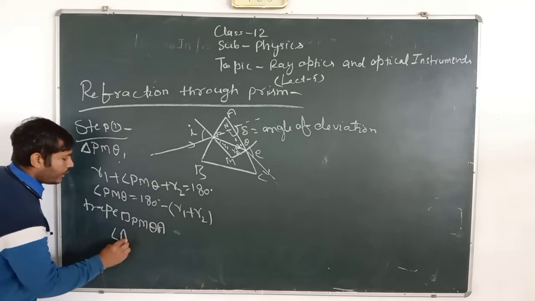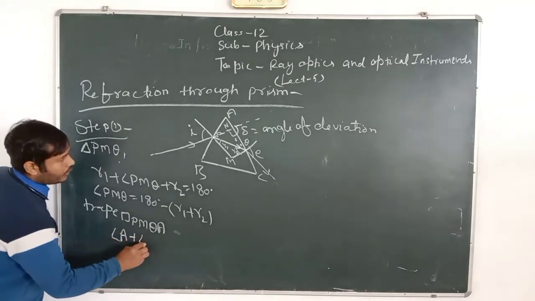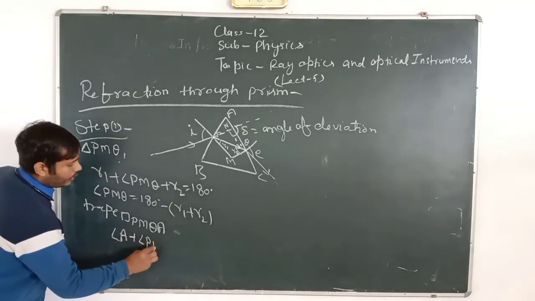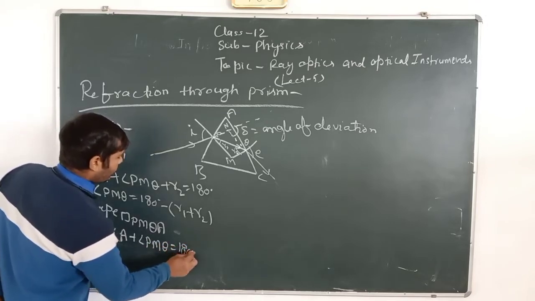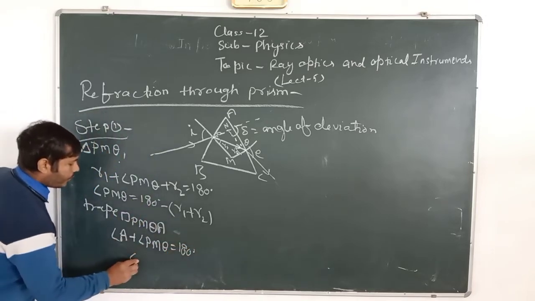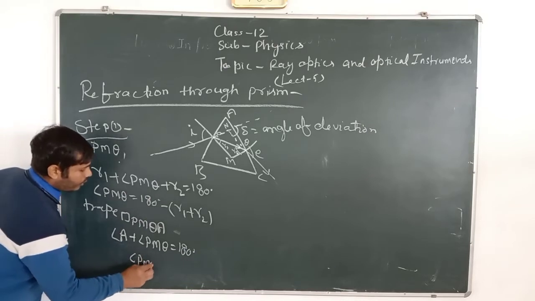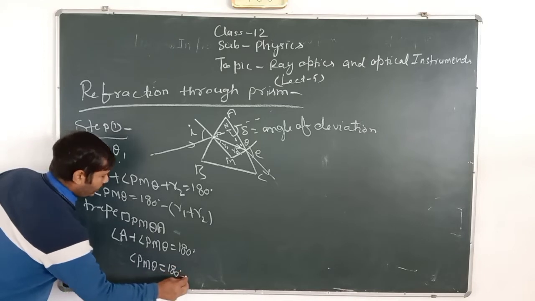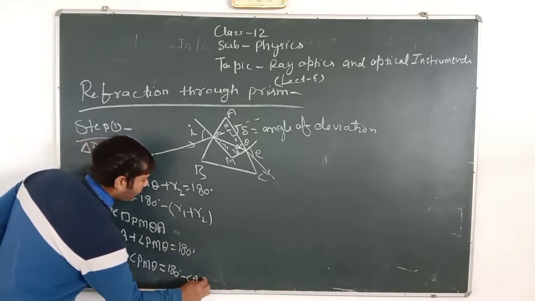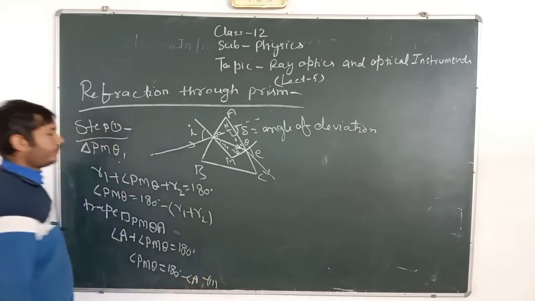So I am writing here angle A plus angle PMQ will be equal to 180 degree. So from here angle PMQ will be equal to 180 degree minus angle A. It is equation number 2.